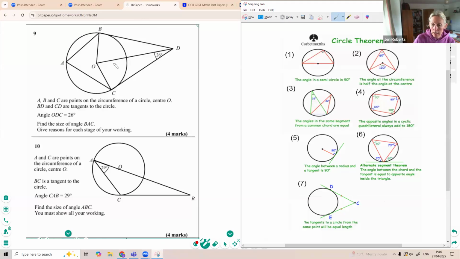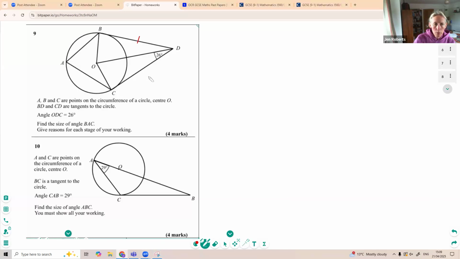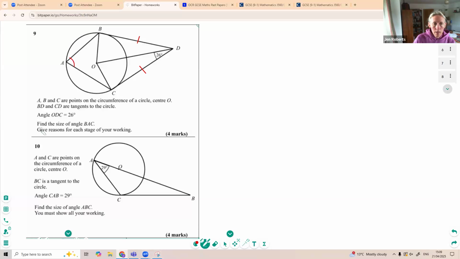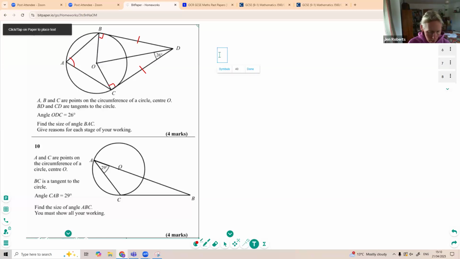Two tangents touching outside the circle again from the same point. So we know those are equal, don't we? What are we looking for here? BAC. Give reasons each stage of your working out. Okay, so again, also we've got a tangent here touching this radius. That's 90 degrees, 90 degrees. So I might write that in somewhere.